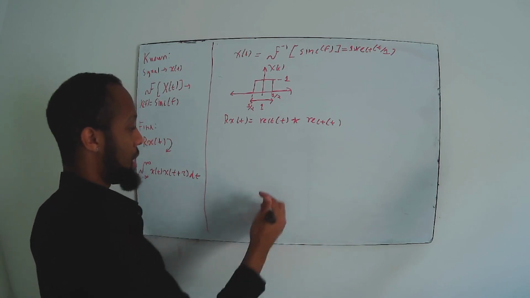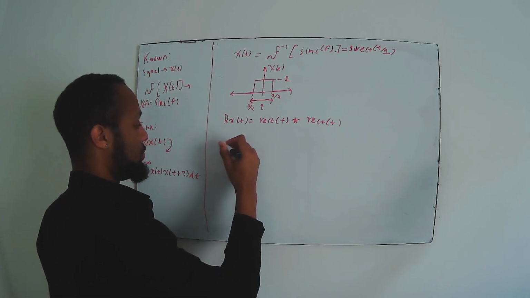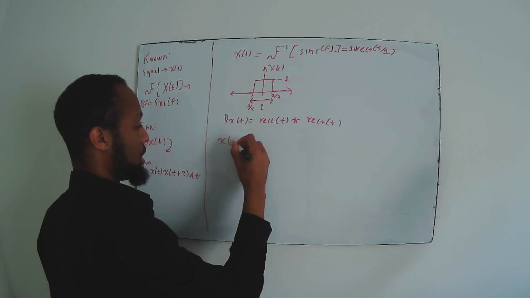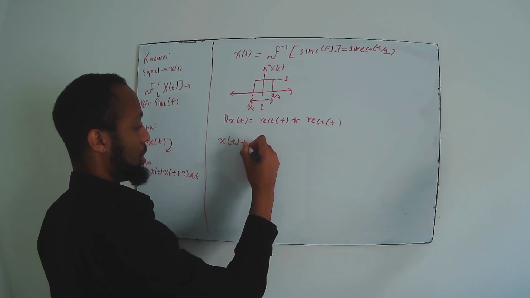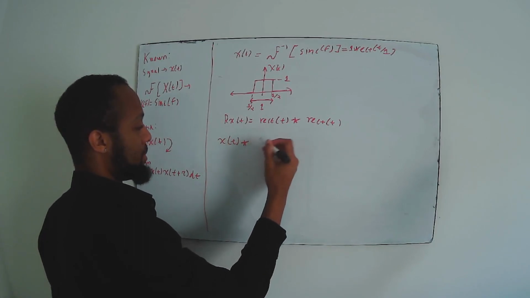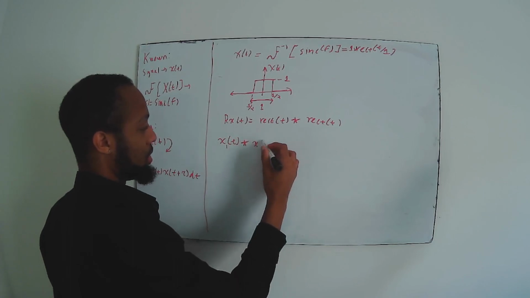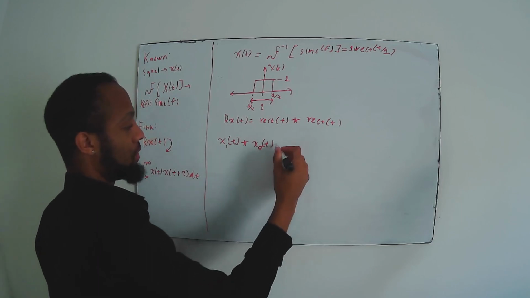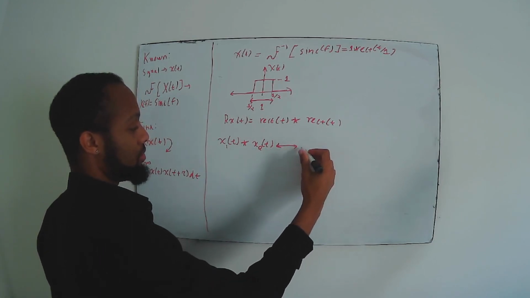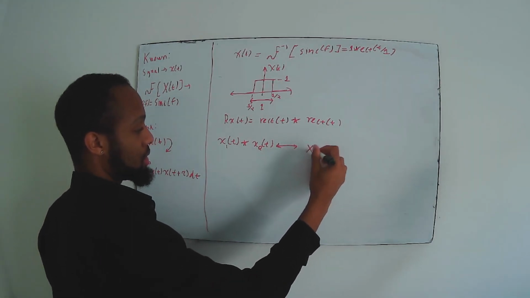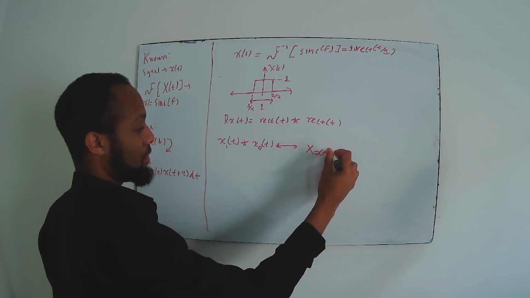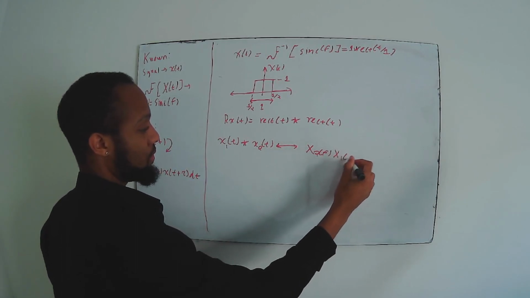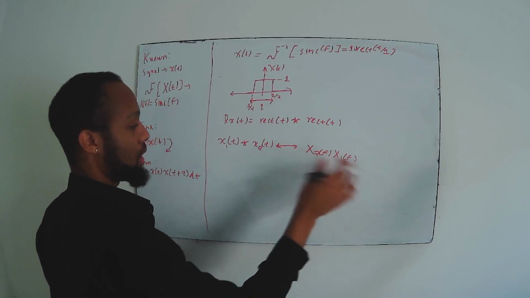Or we can use the fact that when you have two functions, say x1(t) and x2(t), convolved together in the time domain, in the frequency domain that's equal to X2(f) times X1(f).